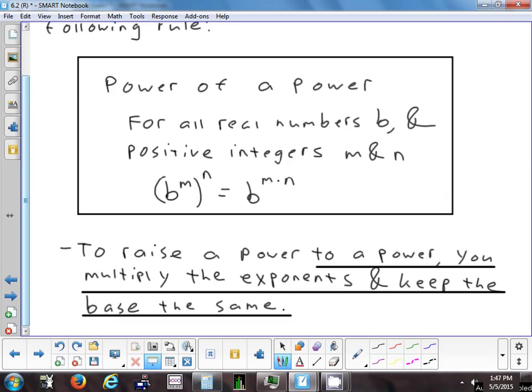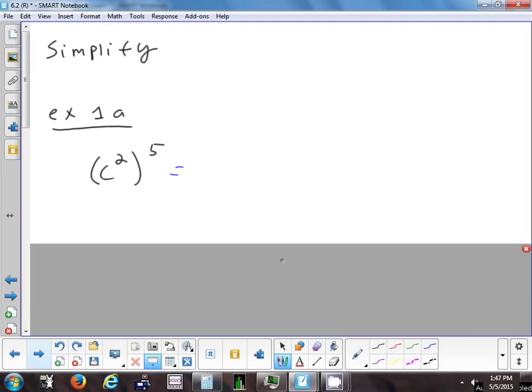Keep the base the same and multiply the exponents. What's my base here? C. Keep the base the same. Multiply the exponents. 10. Guys, make sure you put that on your note sheet, okay?